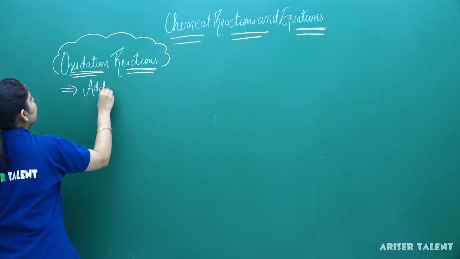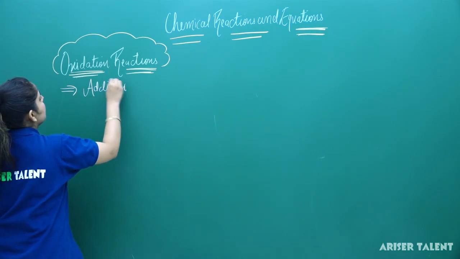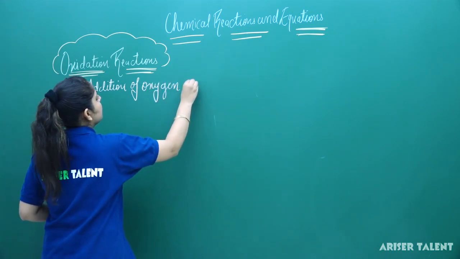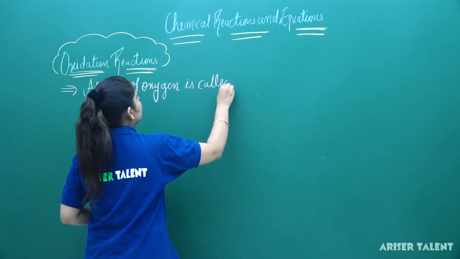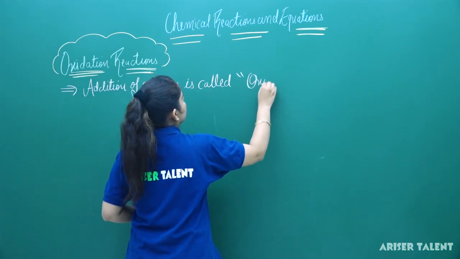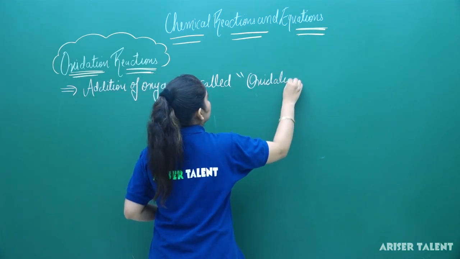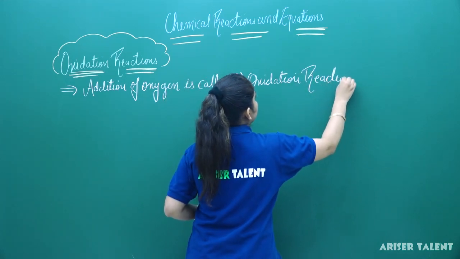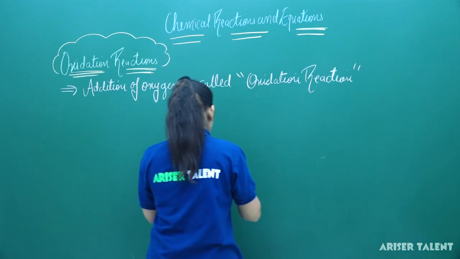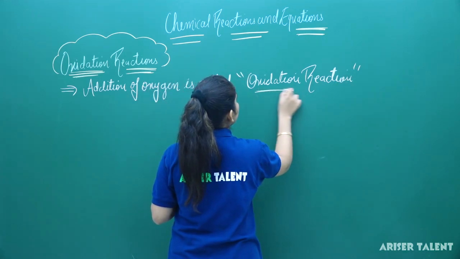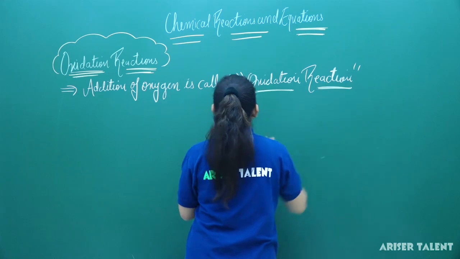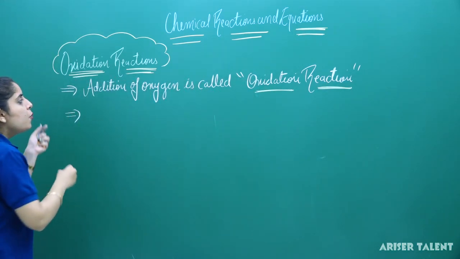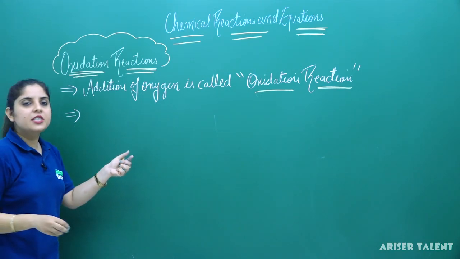So you can say that addition of oxygen is called oxidation reaction. So addition of oxygen will be our oxidation reaction. Clear? Now, on the other hand, removal of hydrogen is also called the oxidation reaction.